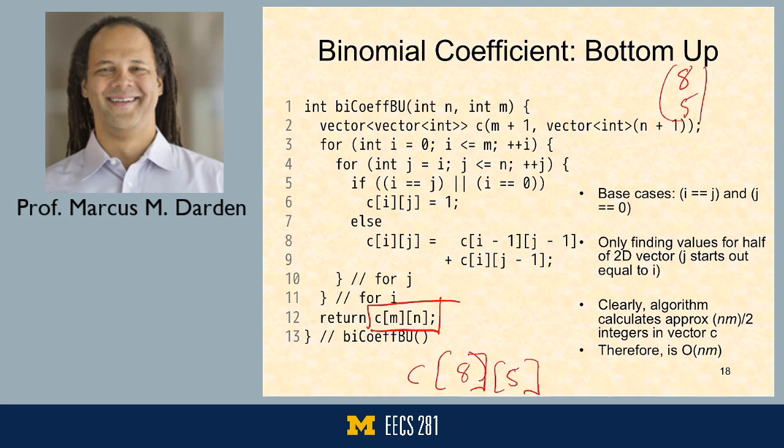So right there, that lets me know that if I made this thing of size 8 and size 5, both of those indices would be out of bounds. So you can see that in line 2, when the vector C is declared, we declare it of size m plus 1, and each one of those vectors has n plus 1 integers in it. So there is my two-dimensional memo.